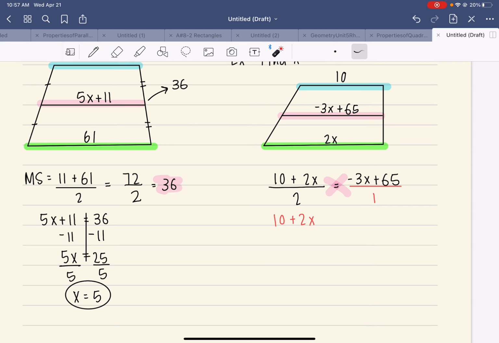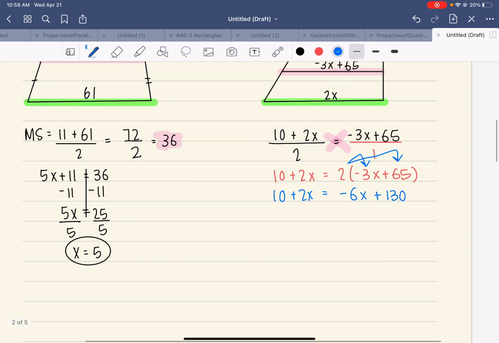When I multiply 2 by negative 3x plus 65, it's multiplying the whole thing by 2, so it's 2 times negative 3x plus 65, close parentheses. My agenda, and this is the most important part, is to distribute this 2. So 2 times negative 3x gets us negative 6x, and 2 times 65 gets us 130. And then 10 plus 2x doesn't change.